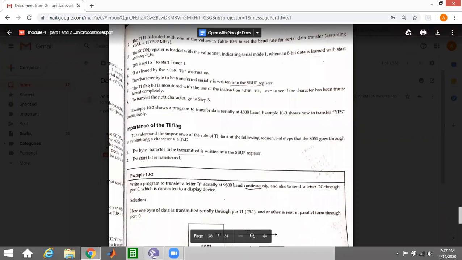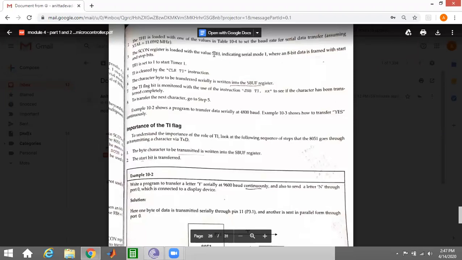So, Karishma, what is step 3? Your time is less, only 8 minutes more. Step 3 is the SCON register is loaded with the value 50H.